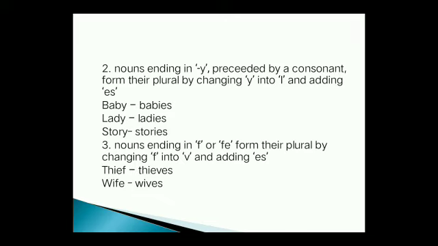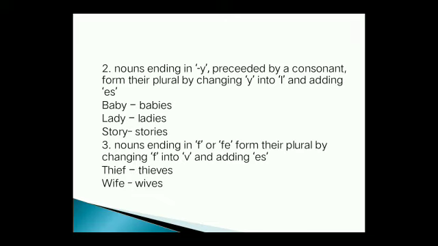When we make a plural of these words, we will remove this Y and then add IES. We will change this Y into I and then put ES at the end of the word. So it becomes baby, babies, lady, ladies, story, stories.